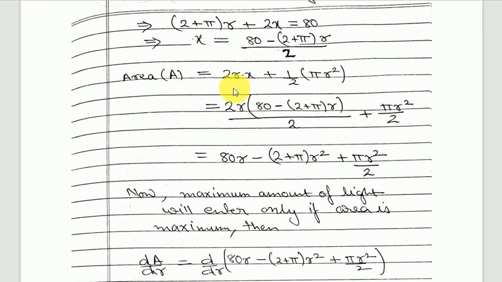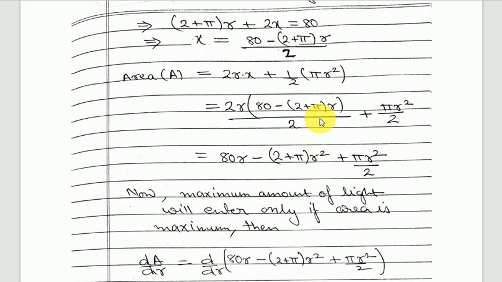So either you write this expression in terms of x or r. Here I'm going to write it in terms of r, so I have to replace this x by an expression which involves r. Already we know x equal to this in terms of r, so in place of x I will write this.